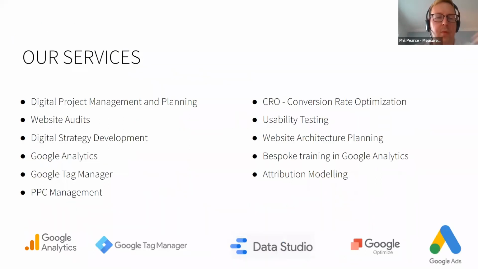We normally cover Google Analytics and GTM and set up implementations, but we're also doing conversion rate optimization as well, which is a natural progression from Google Analytics, and also a good use case for using your data to drive improvements.